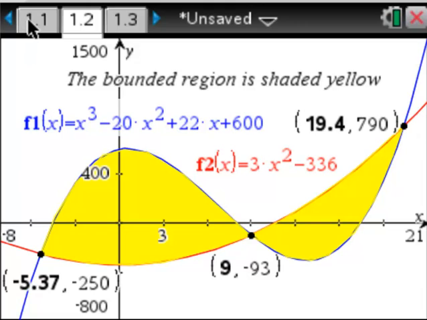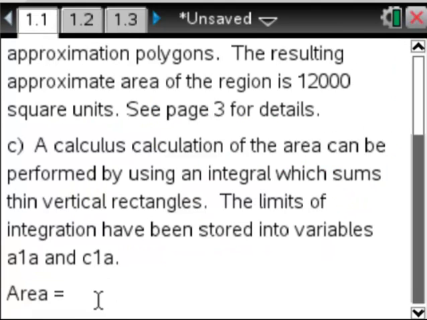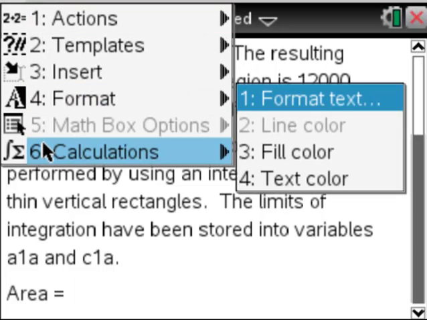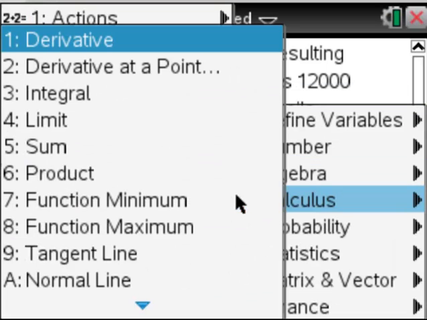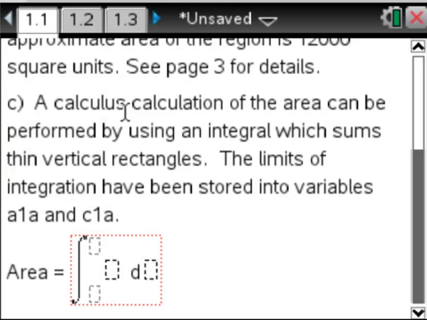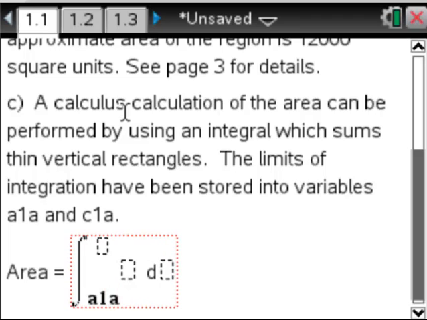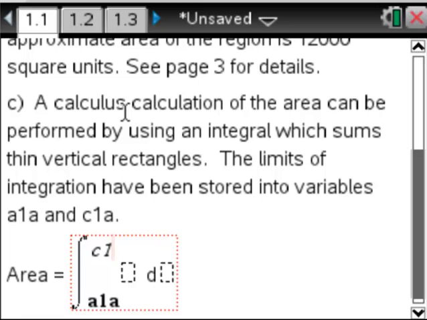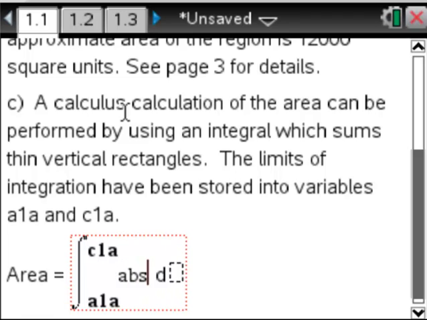Okay, returning to the notes page to now perform that definite integral calculation. Menu, calculations, calculus, integral. Okay, lower limit A1A, tab, upper limit C1A, tab, integrand, absolute value of y sub 2 minus y sub 1, or actually in our case f2 of x minus f1 of x.